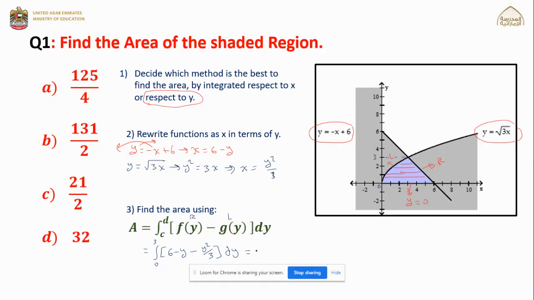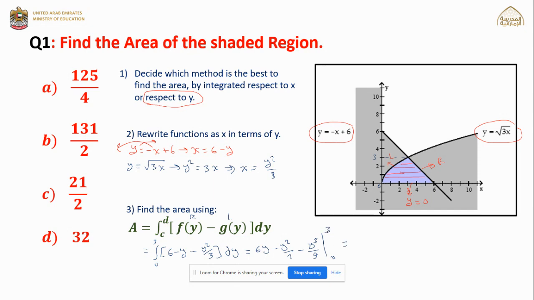Now I will find this integral. So the integral of 6 is 6y, minus y squared over 2, minus y squared over 3, whose integral is y cubed over 3 times 3, which gives me 9. And the borders from 0 to 3.